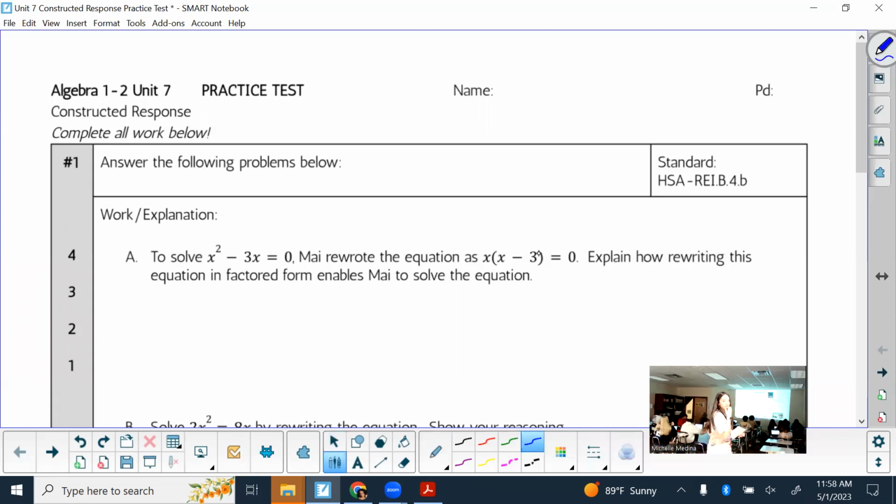I'm asking you guys. How does factoring allow us to solve for the zeros? So what's another name for zeros?